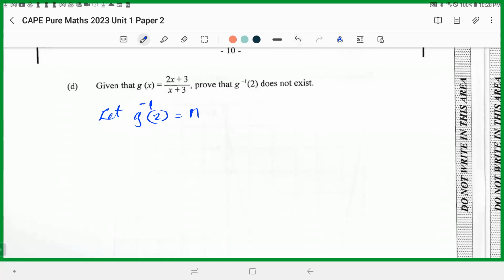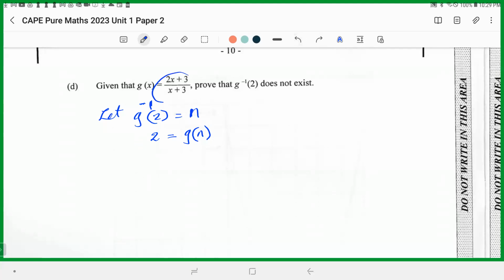So once the inverse exists, it means that if g to the -1 of 2 equals some number n, then g of n is equal to 2. That's the relationship. It's almost like we bring the inverse of g over here and make it just g. So we're now solving g of n equals 2 and seeing if there's an n value that will cause g of n to be equal to 2.